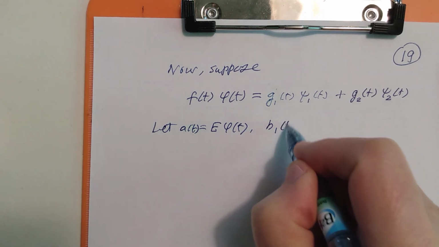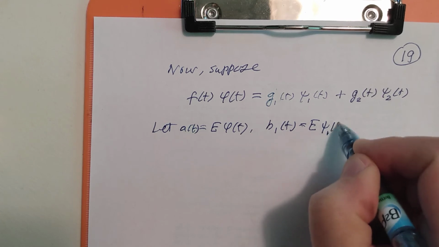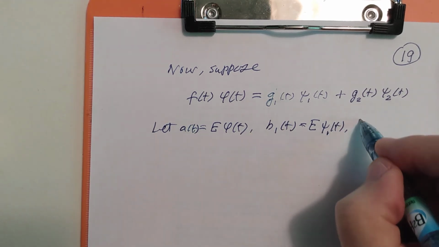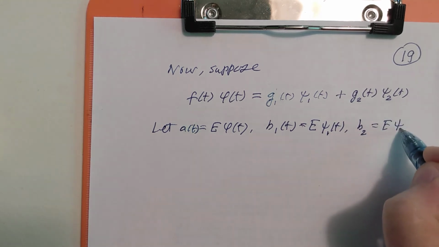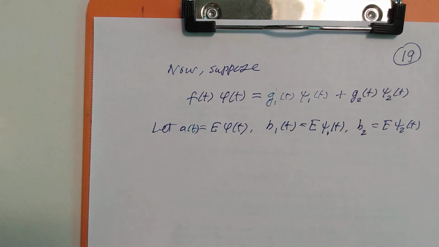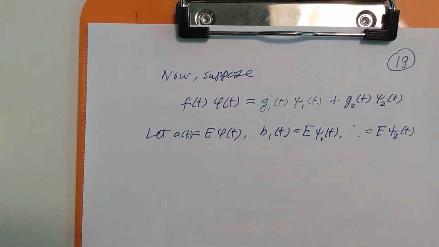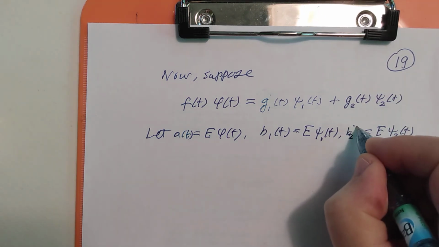And B_1(t) is the expectation of psi_1(t). And B_2(t) is the expectation of psi_2(t).